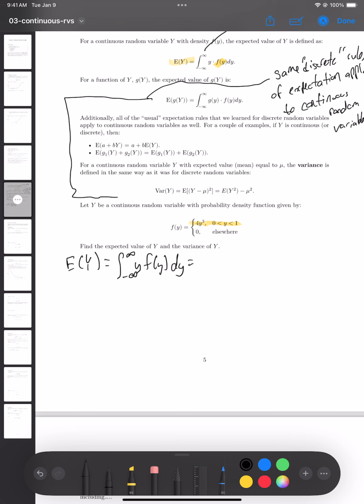But you might notice that the definition of f of y changes depending on the value of y. In the support, f of y is defined as 0 anywhere outside of the 0, 1 interval. And so we could split this up to accommodate that difference in the definition of f of y.